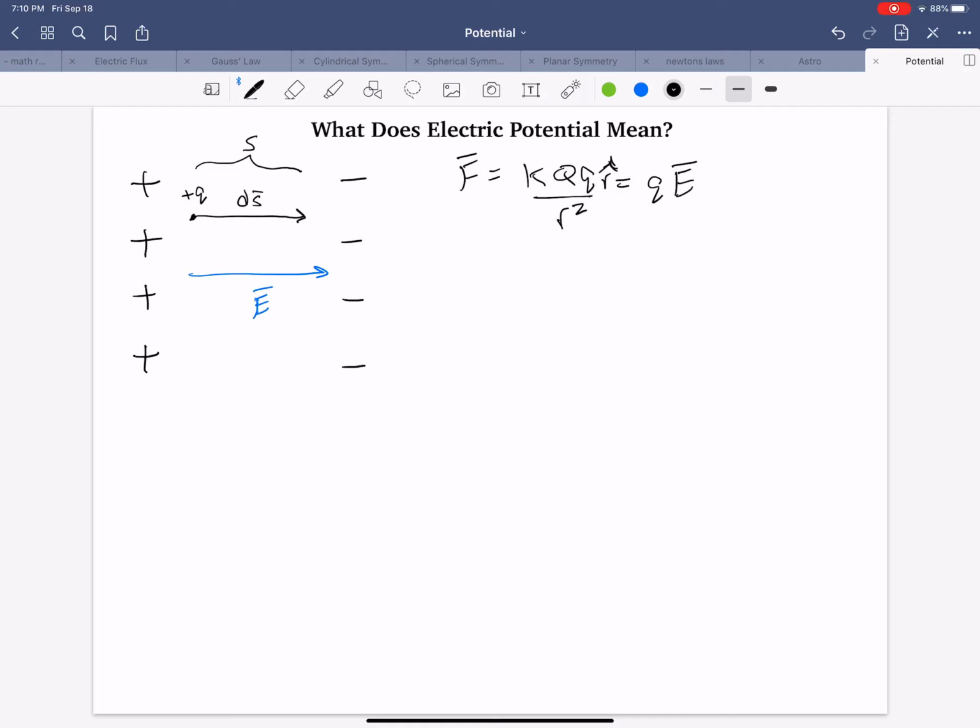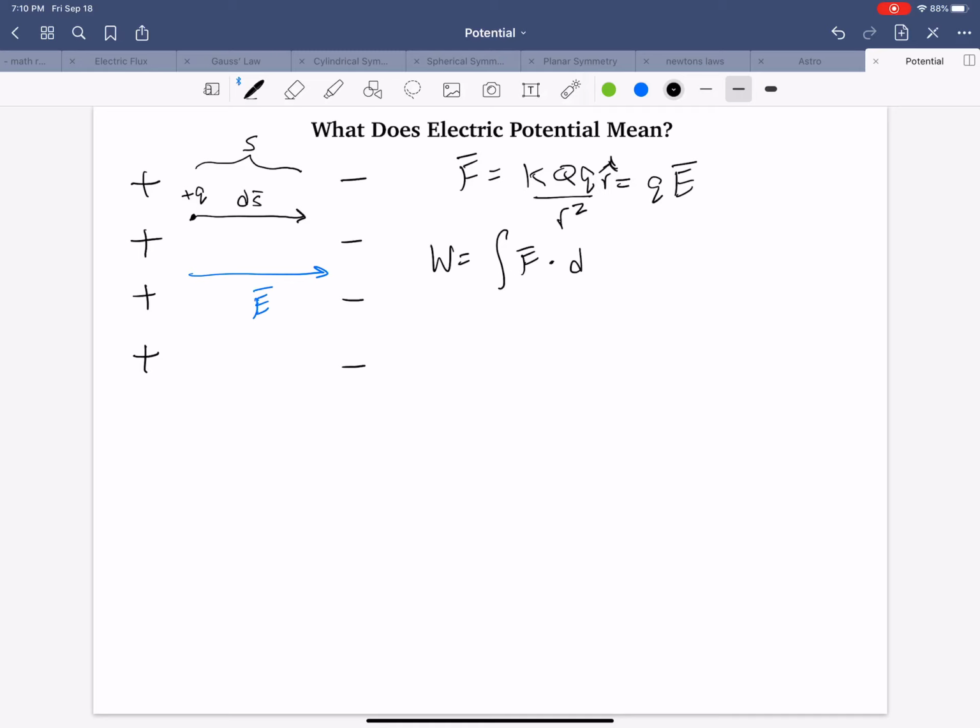So if there's a force on it, that means that electric force is doing some amount of work on this particle. And if you remember back to chapter 7, I know that was a long time ago, work is the integral of some force dotted with some displacement. Because it's an integral in this form, it's some differential displacement.